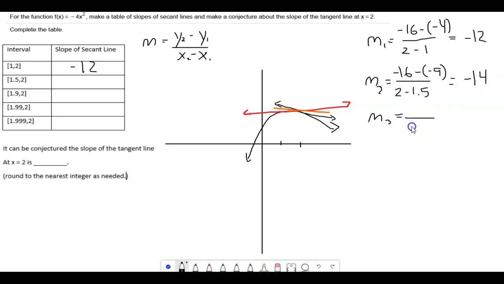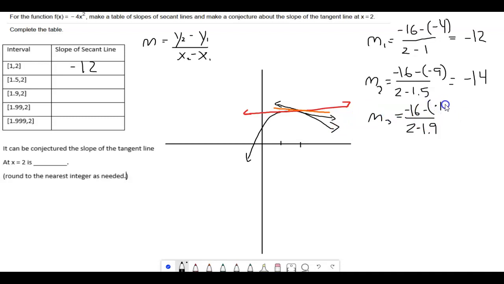And then M3. On the bottom, you're going to have 2 minus 1.9. And then negative 16 minus, making sure that minus is good, you're going to put the 1.9 in your calculator, which gives you a negative 14.44.